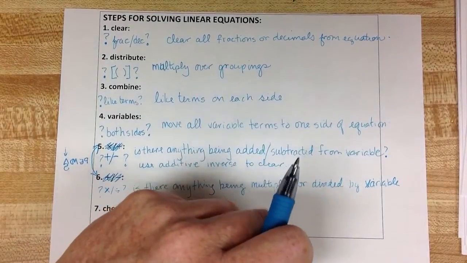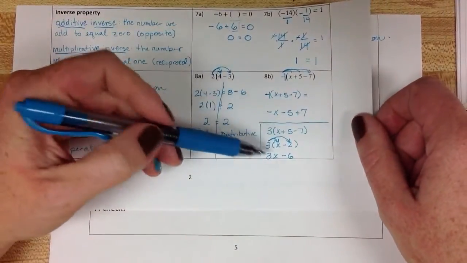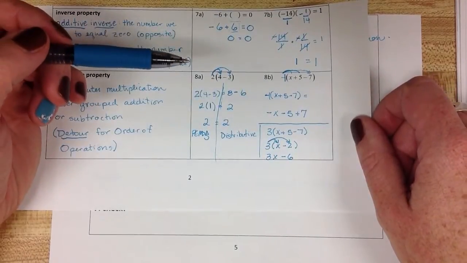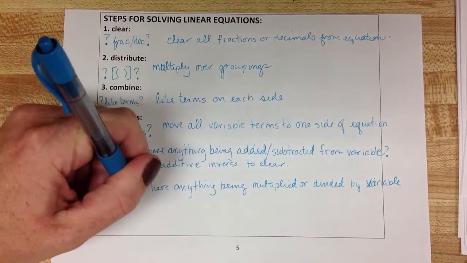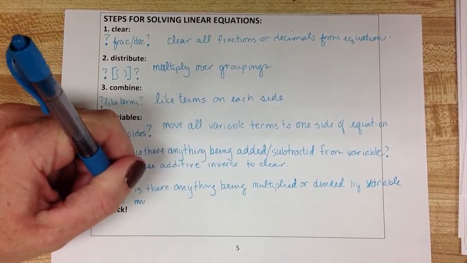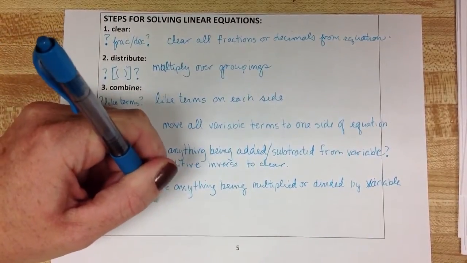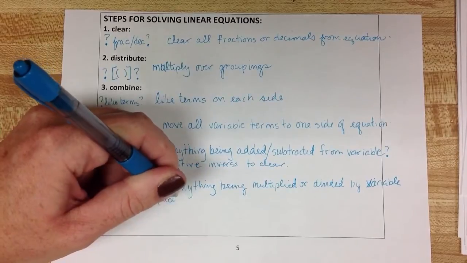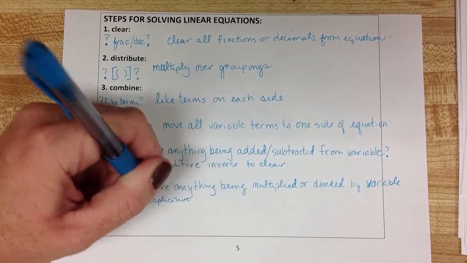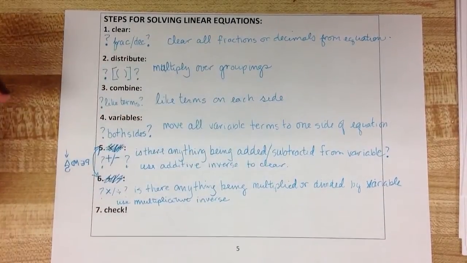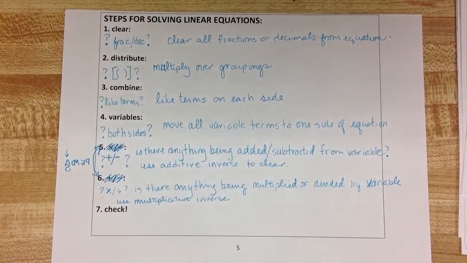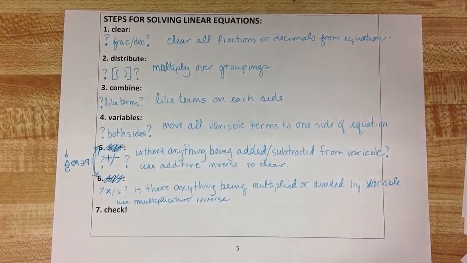So looking back at this example again, we have a 3 that's getting multiplied by our x. So we're going to use the multiplicative inverse to clear that multiplication away.